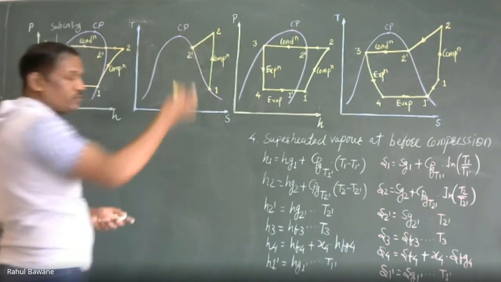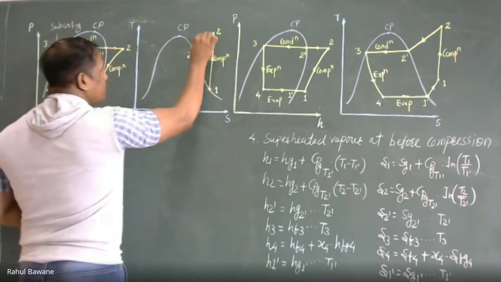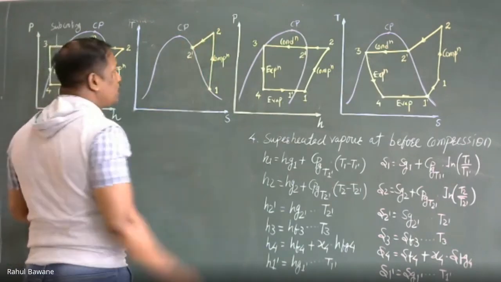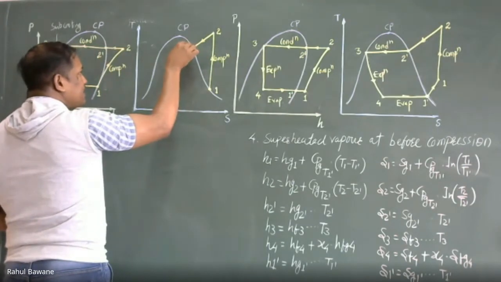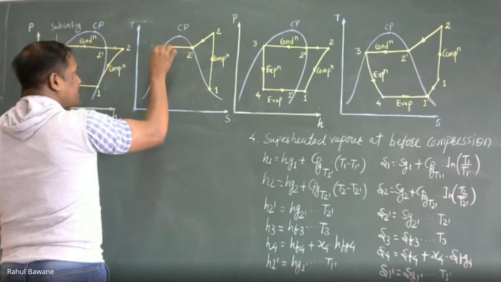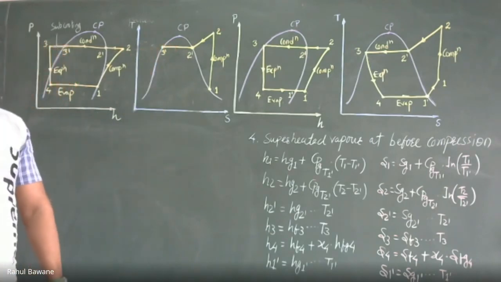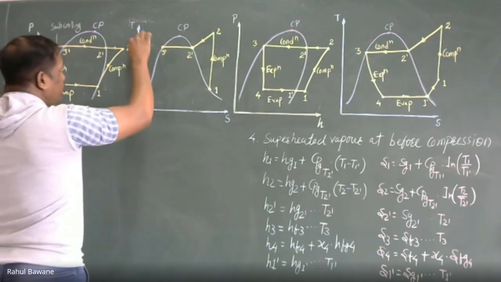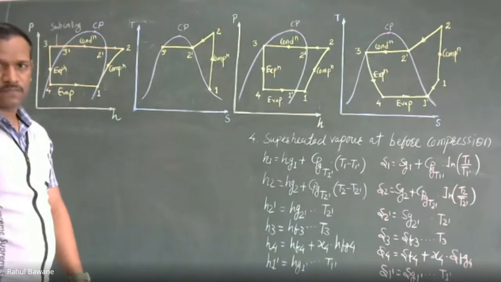That means we are actually extracting sensible heat. So temperature is reduced, and the degree of superheat is reduced. Then after we extract latent heat, its phase changes and it is converted into saturated liquid at 3'. At 3', we have a temperature equal to 2'.